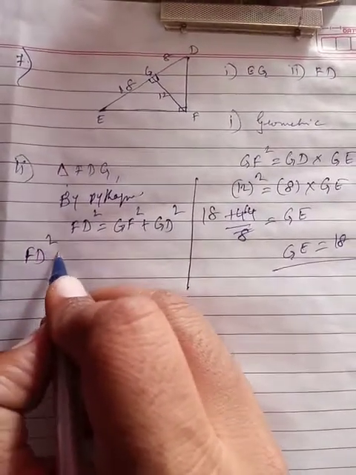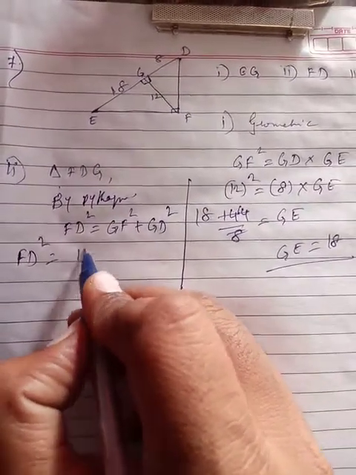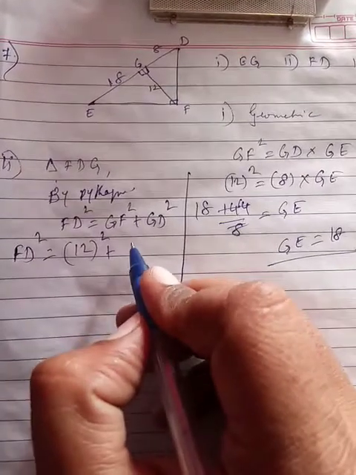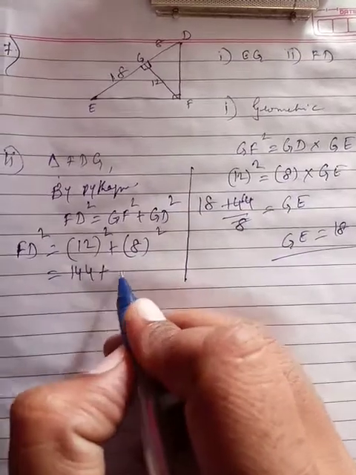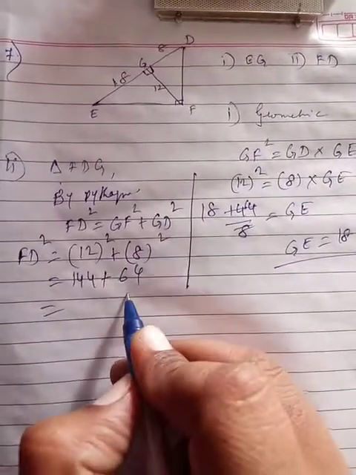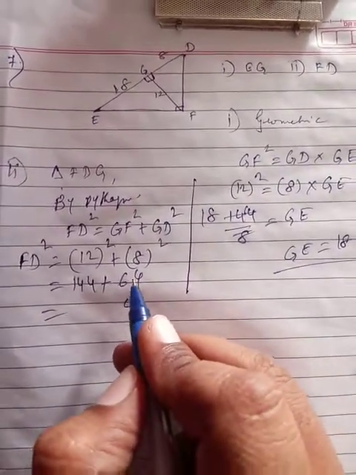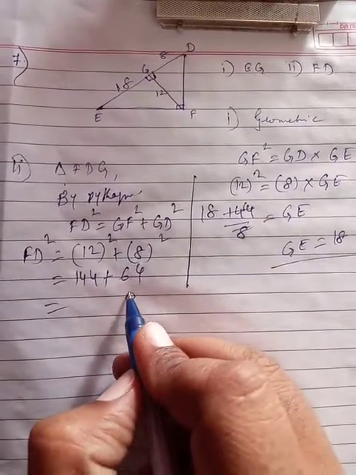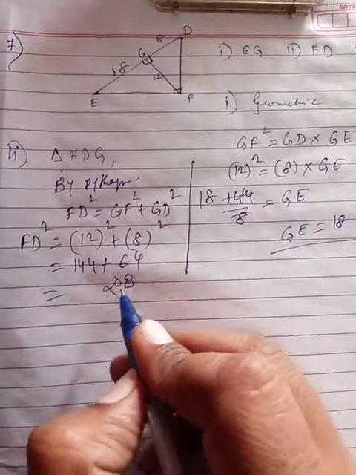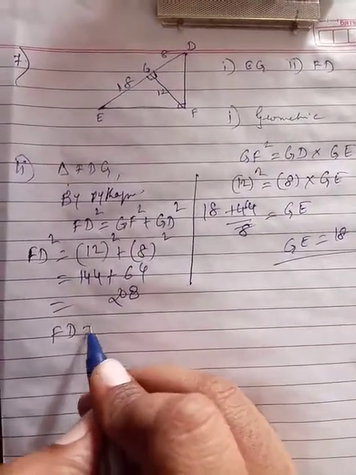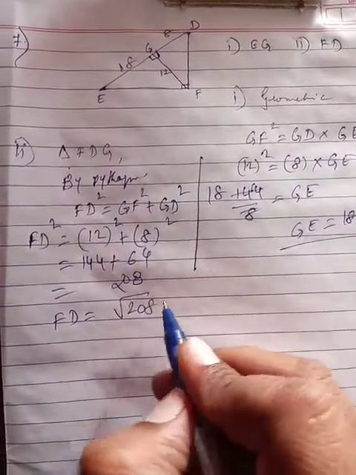So FD square is equal to GF is 12 and GD is 8. So 144 plus 64 gives you 208. So FD is equal to square root of 208.